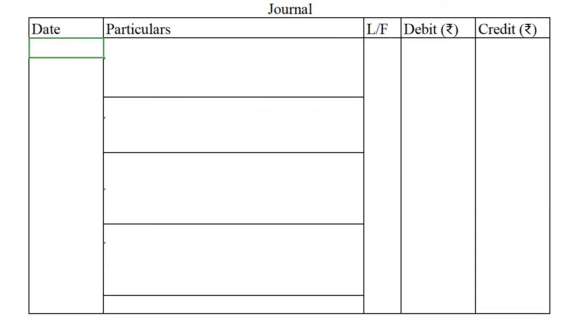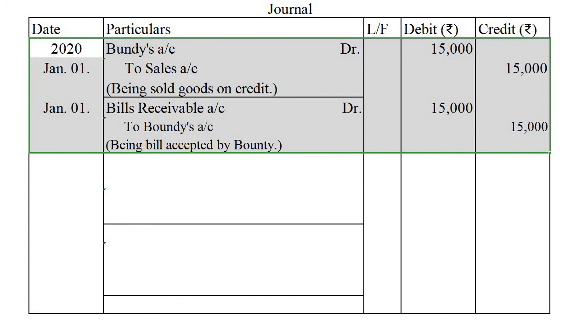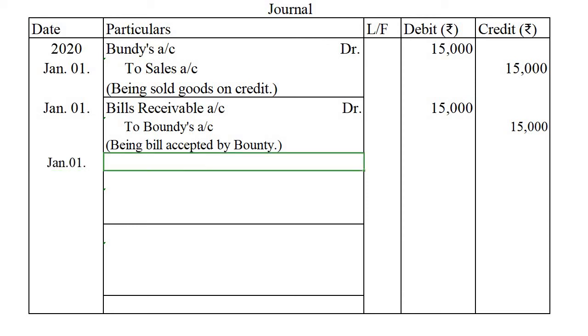As usual, we will write the first 2 journal entries the same way, that means the sales journal entry and acceptance of the bill. Third journal entry will be, here he discounted the bill on the same day, that means on January 1st itself.